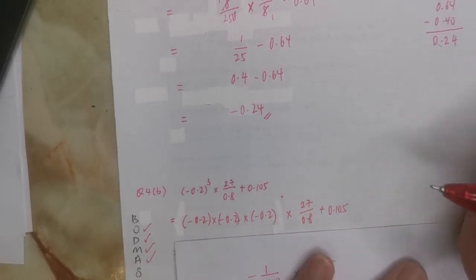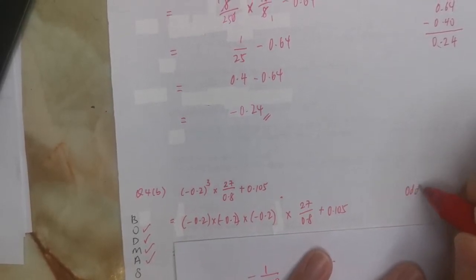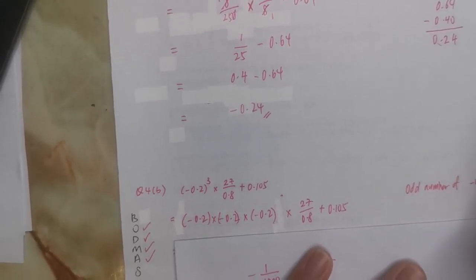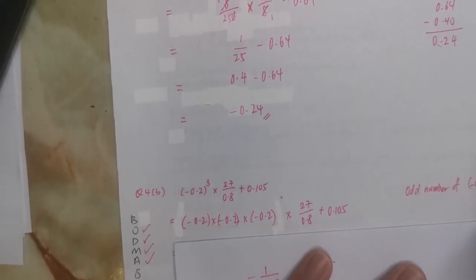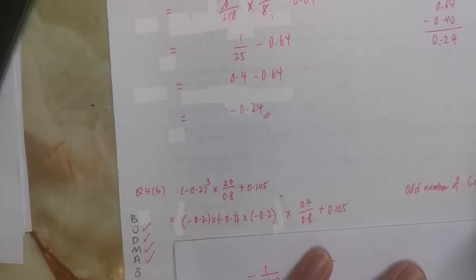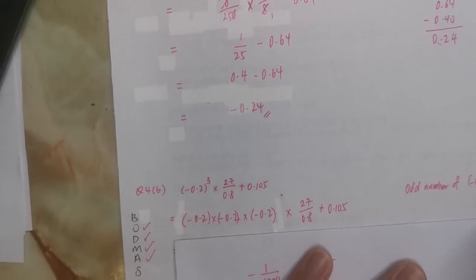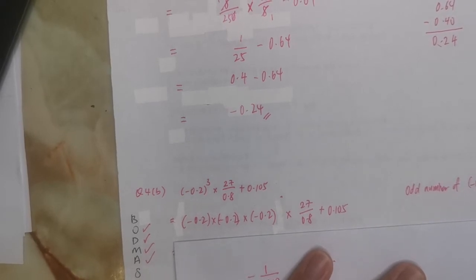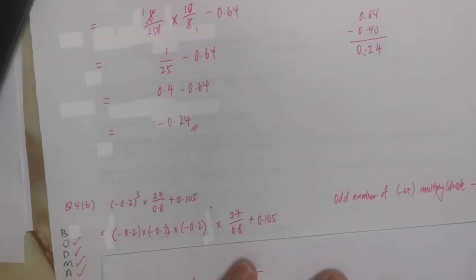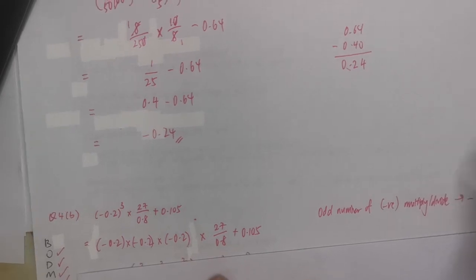Let me write this down. An odd number of negatives multiplied or divided with one another will overall be a negative number.